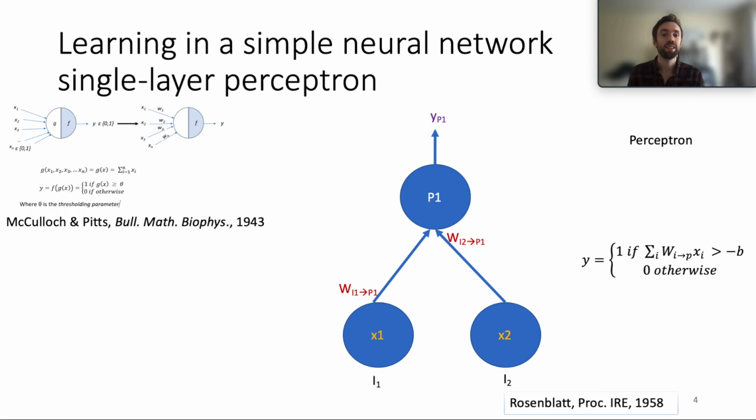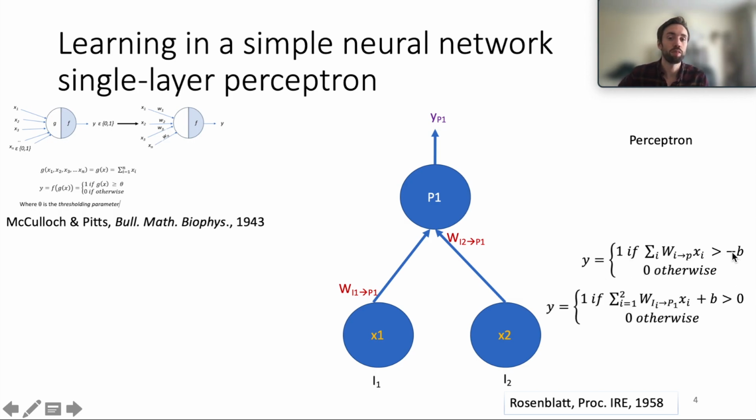So here we can see the dynamics of the perceptron, which are very similar to that of McCulloch-Pitts. P1 outputs a 1 if its weighted sum of inputs is greater than a threshold, here shown as minus b, and it outputs a 0 otherwise.